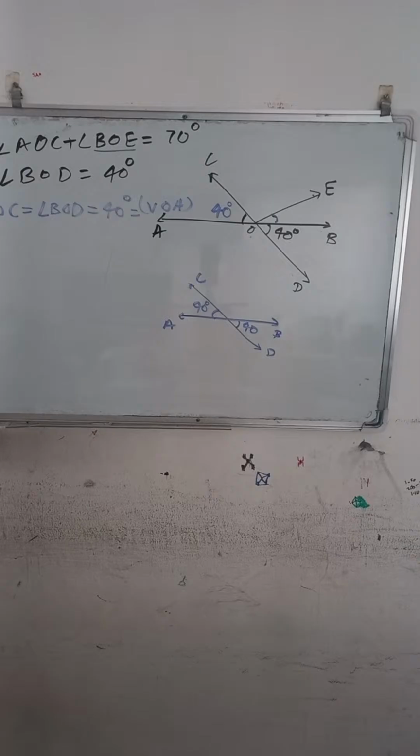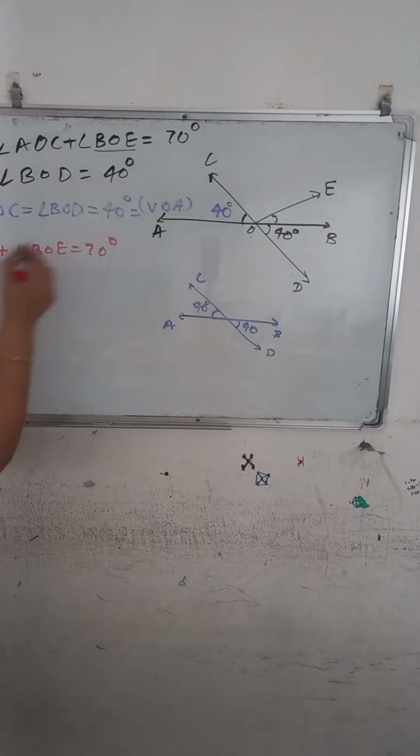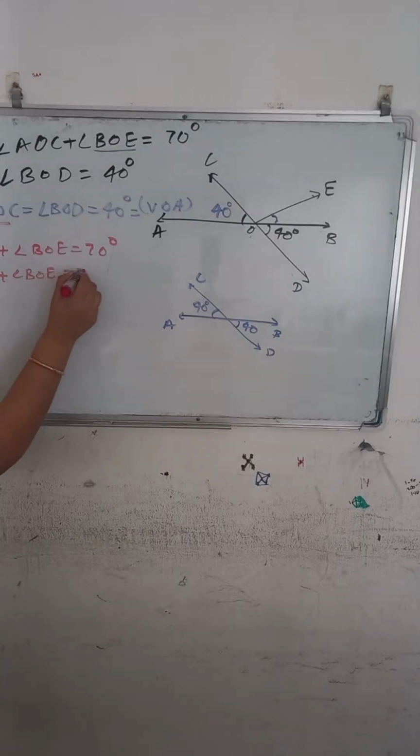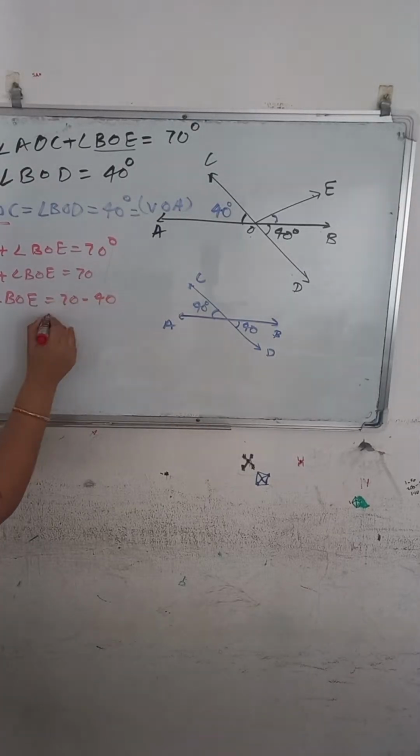Then we have this equation: angle AOC plus angle BOE is 70 degrees. AOC I already got as 40. So 40 plus angle BOE is equal to 70 degrees. So angle BOE is 70 minus 40, that is 30 degrees.